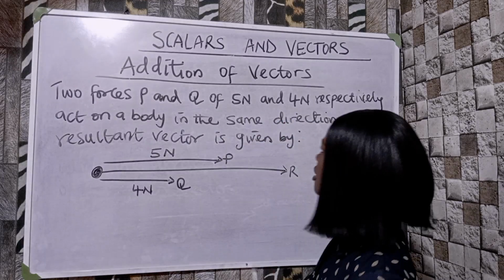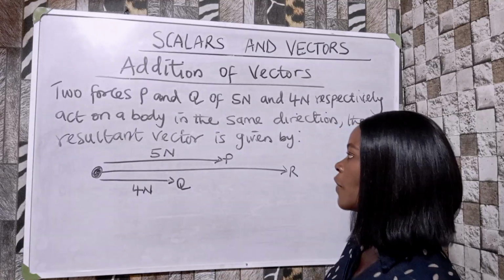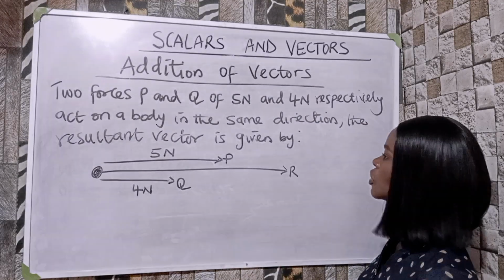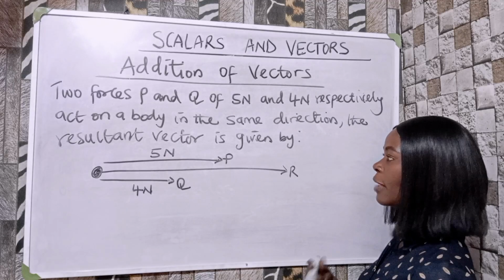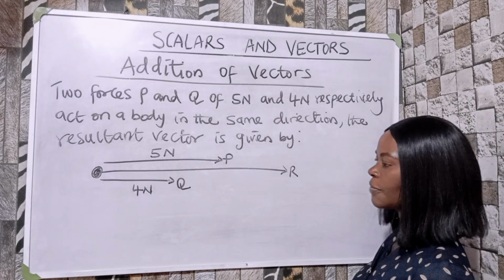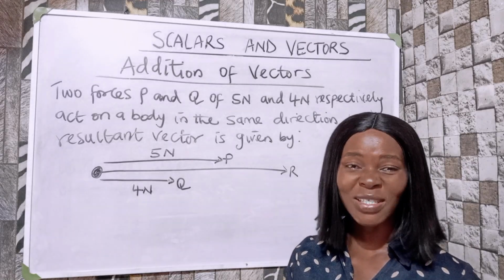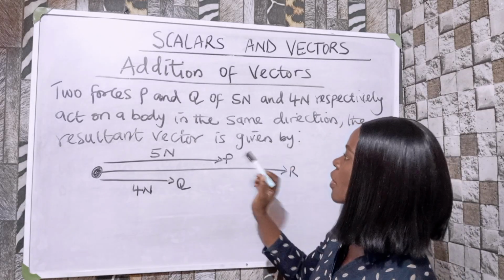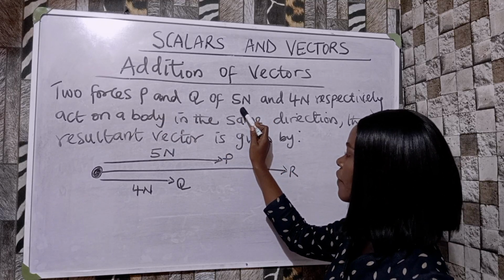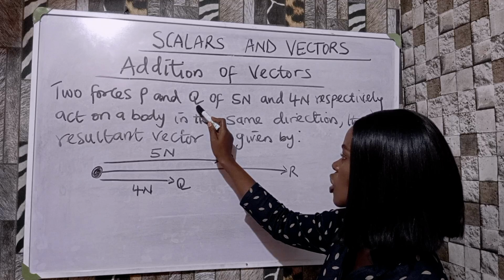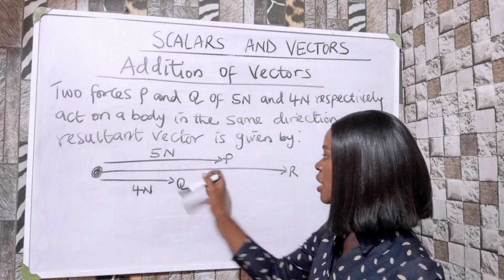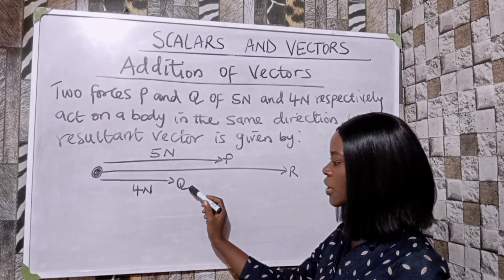So let us see how we can add vectors. Addition of vectors. Two forces P and Q of 5 Newton and 4 Newton respectively act on a body in the same direction. The resultant vector is given by... So see how we can add these vectors because they are acting in the same direction. The first force P has a magnitude of 5 Newton, while the second force Q has a magnitude of 4 Newton. Since they are acting in the same direction, P is pointing this way and Q is pointing this way.